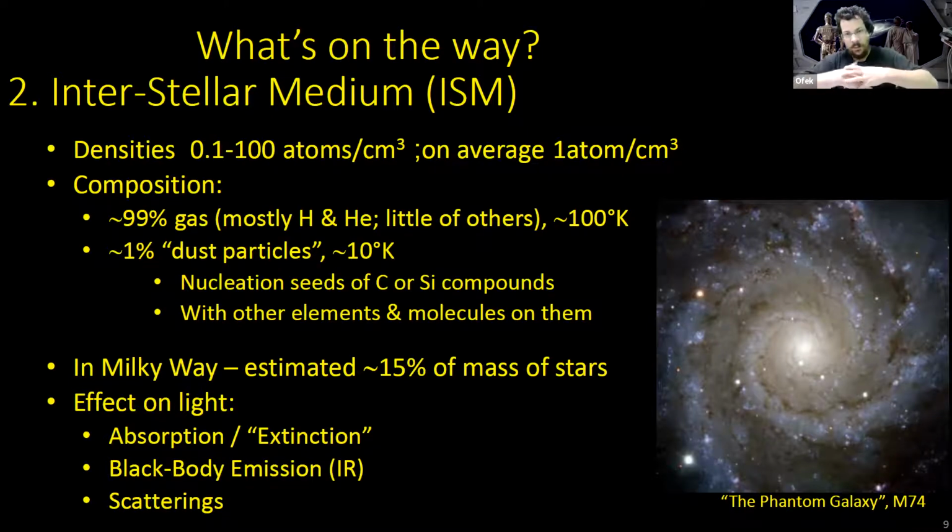These supernovae explode and spread these heavy elements across the universe. And around these original atoms for nucleation, the dust particles can accumulate more and more elements and sometimes even molecules.